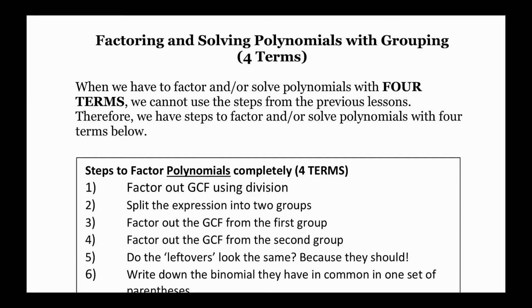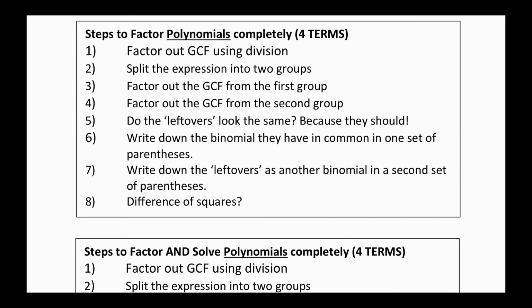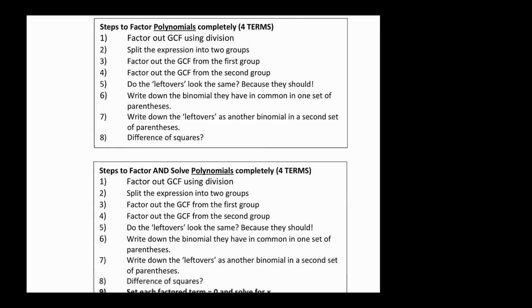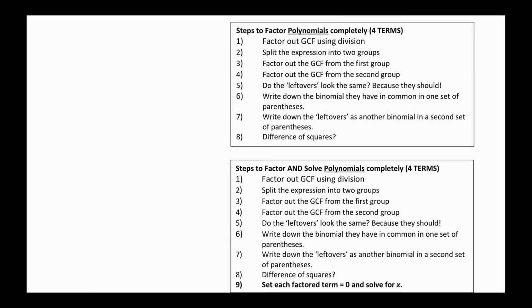Okay, so look at the two sets of steps here. What do you notice about them? One extra step on the bottom. One of my students last block said there's 17 steps. Is that true? No, it's not true, right? Isn't there really only 9 steps?